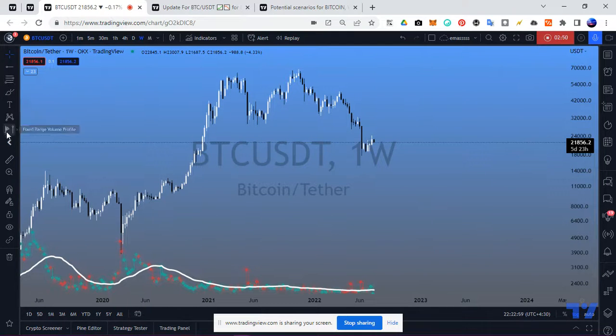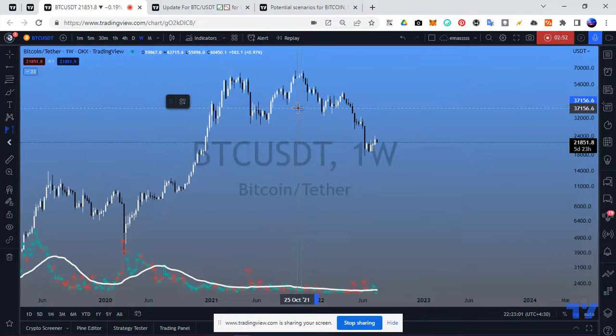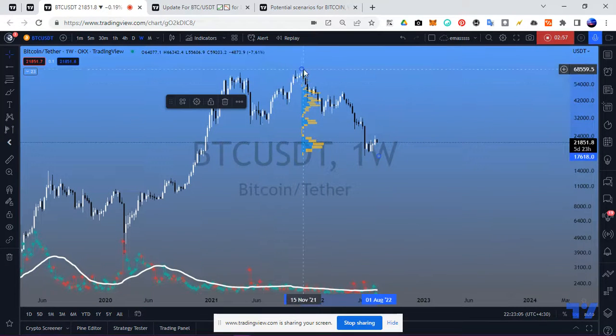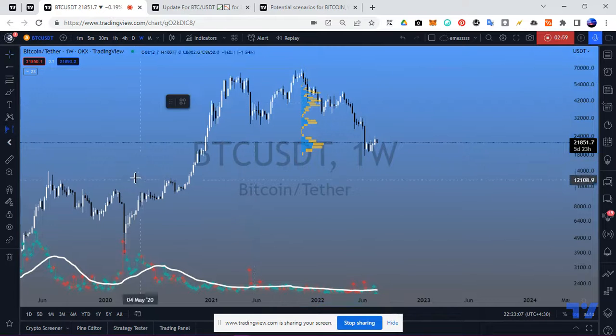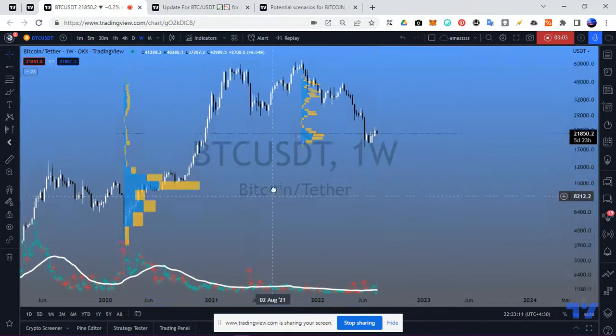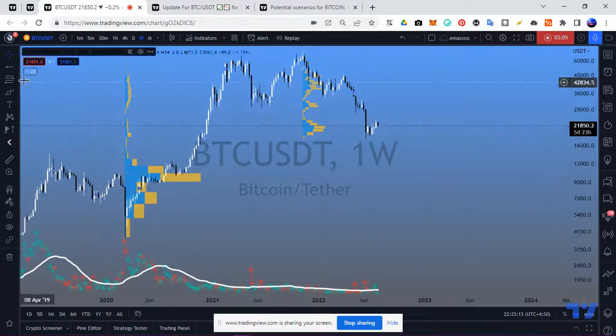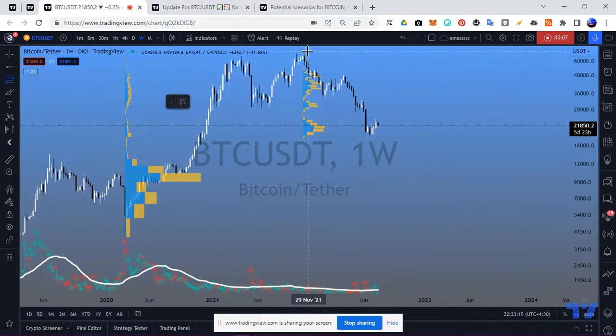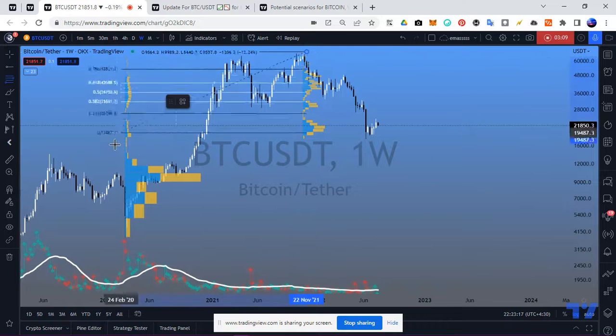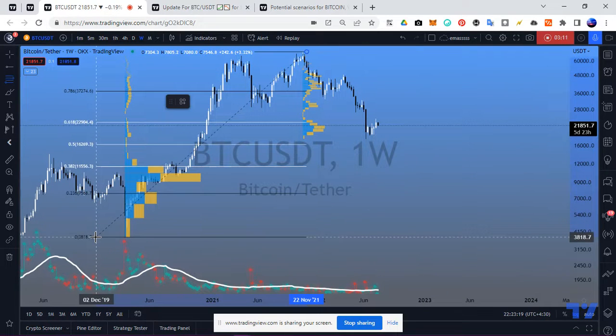So if I drag the volume profile from its ATH and also from here, and if I also drag the Fibonacci retracement from $69,000, the ATH, to the previous low.